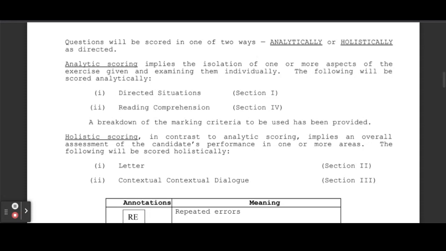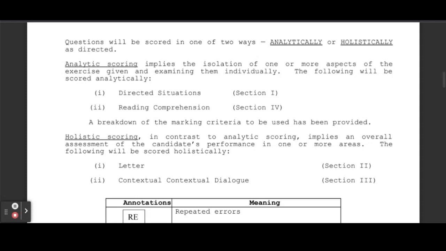The analytical applies to directed situations in section one and reading comprehension in section four, while the holistic works for letter and contextual dialogue. Because of that, I would do separate videos with the actual grid breakdown rubrics for letter and contextual dialogue.